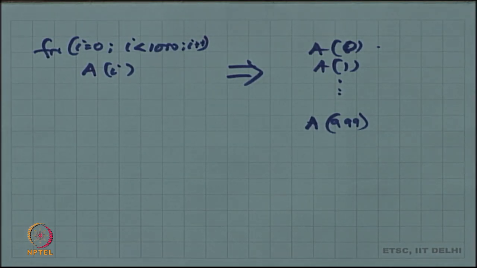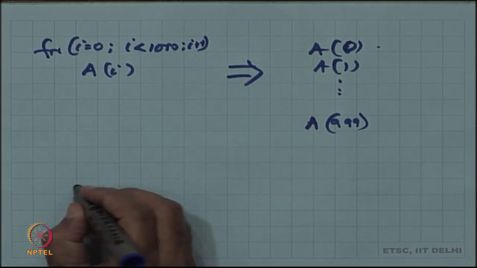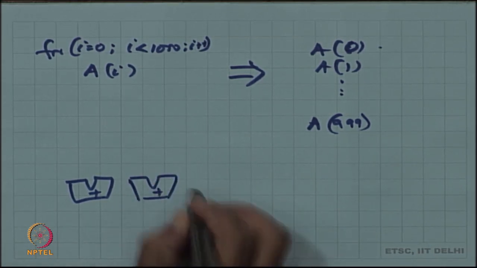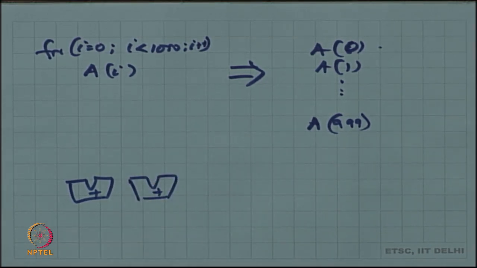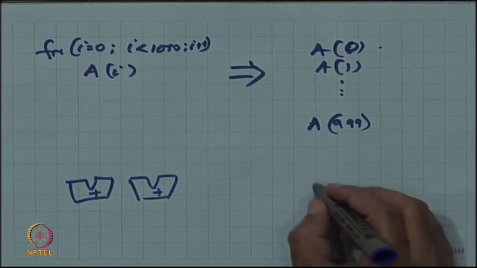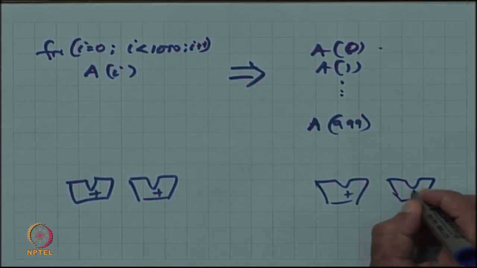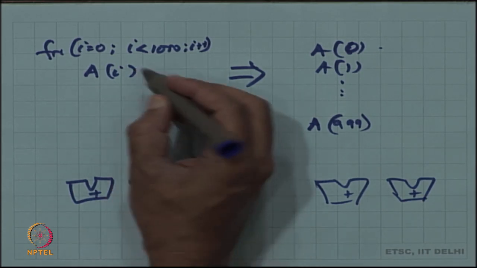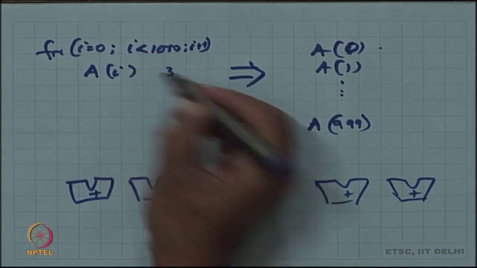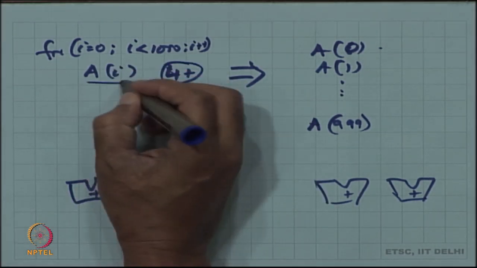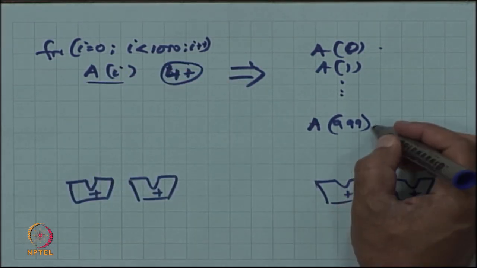The data path part of it could be essentially the same, although it is not obvious, but let us say I gave 2 adders to this scheduler, I also give 2 adders to this scheduler. It is just that there are, let us say, 4 add operations in this loop body.